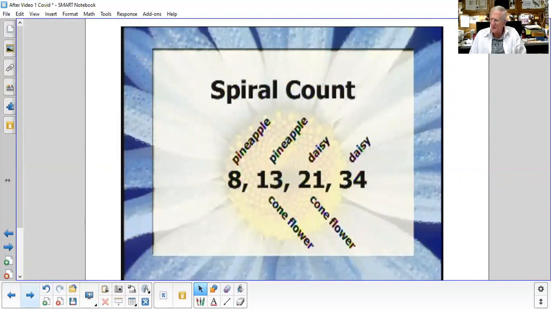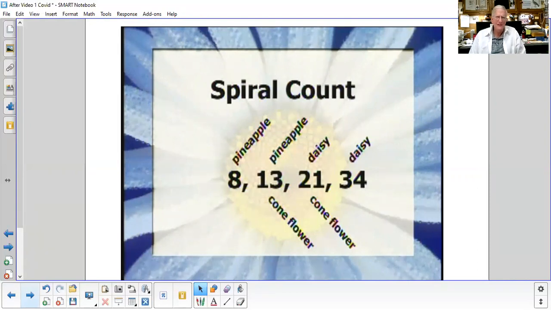Do you notice anything about those numbers? Did you maybe notice that if you add 8 and 13 together, you get 21? And if you add 13 and 21 together, you get 34.